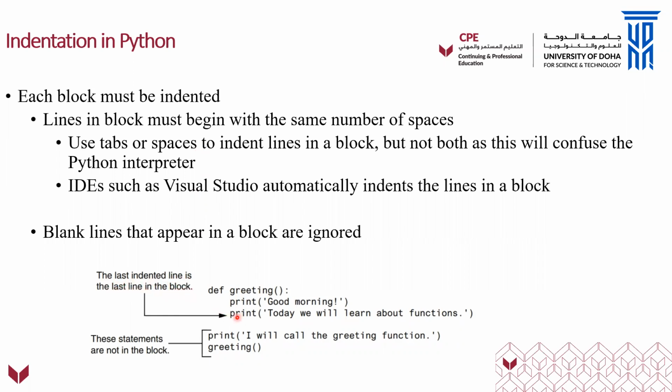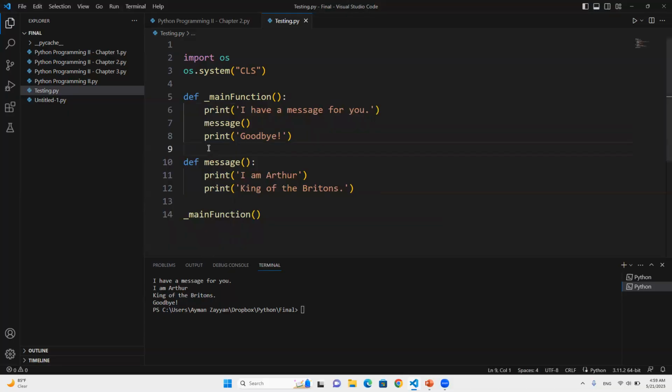The interpreter will understand that this is the end of the block, or the end of the function. As you can see here, the interpreter will be able to distinguish that this is the end of the function and this line is at the beginning of another function.